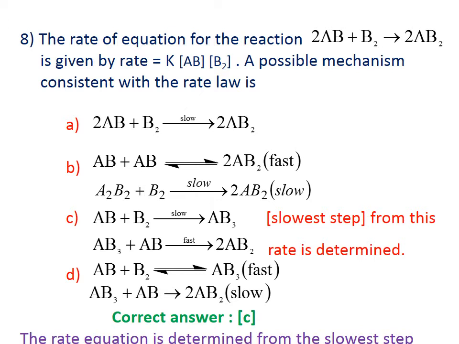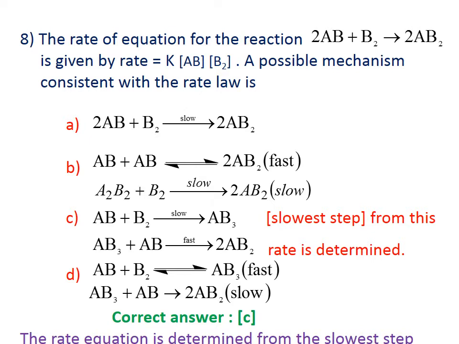Now let us consider the third equation, AB plus B2 gives AB3, and this is the slowest step for the reaction. For this reaction you calculate the rate. The rate equals the rate constant into concentration of AB into concentration of B square. Now the rate is correct.